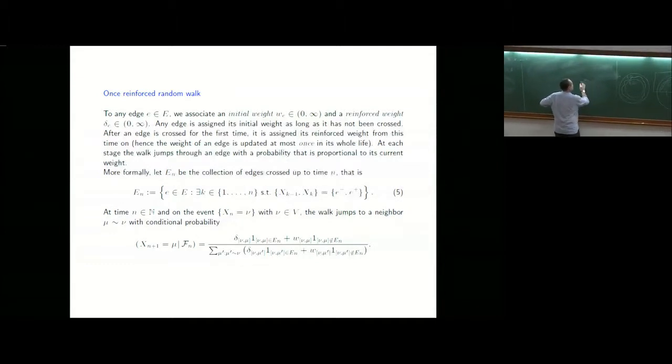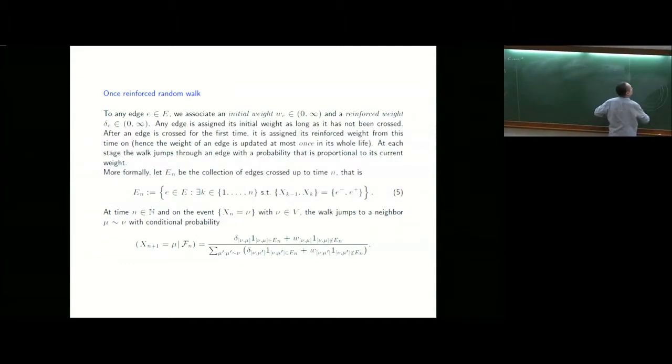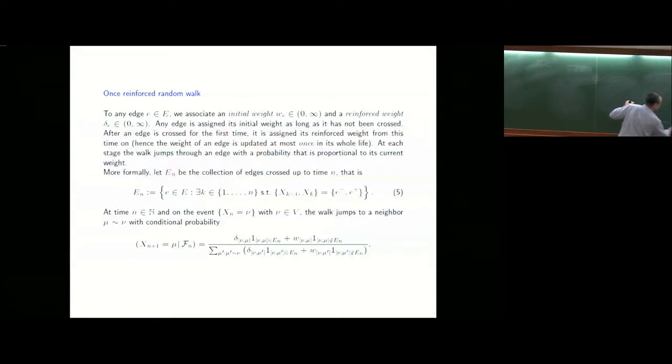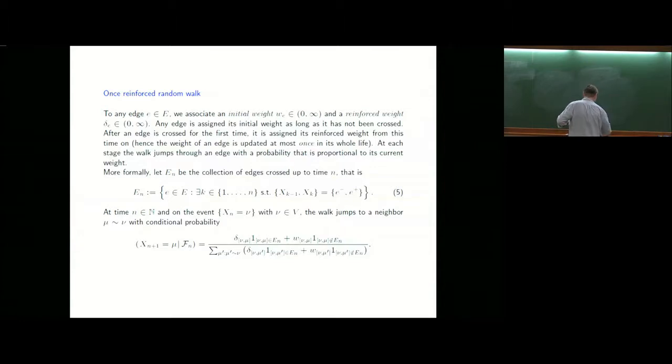So now let me just give you some brief idea. There is a phase transition for once-reinforced random walk, depending on how strong the reinforcement is and in which dimension you are. Okay, so you have a graph. This I am doing to explain the figures which are coming. You start from the origin, and you give weights to your edges, initial weights at time 0, say 1.